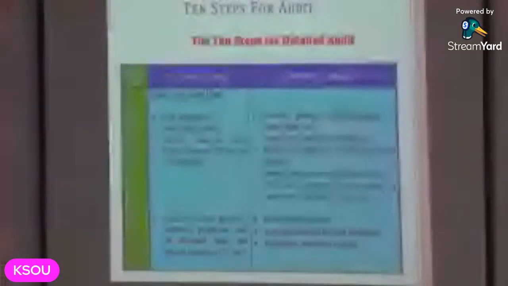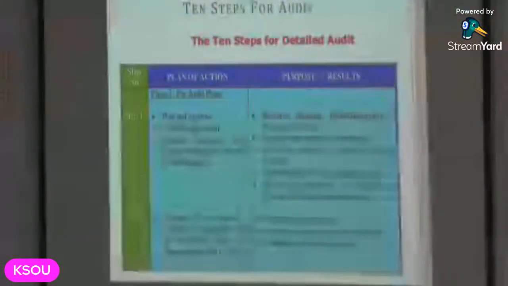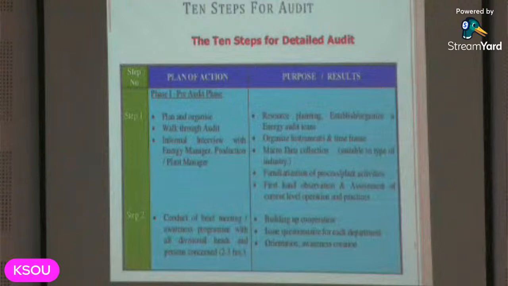For ISO 9001, 14001, 45001, at most we interact with a few departments, but this is the only department where we need to go to every corner of the plant, every person of all the departments, and we have to meet them. So it's a very comprehensive audit.